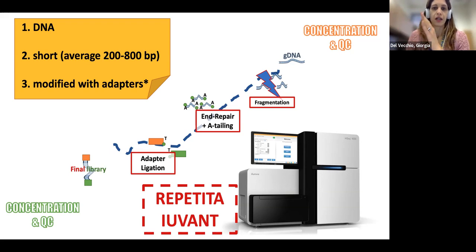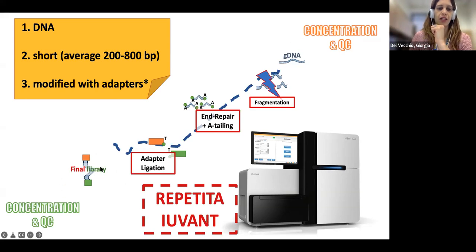So as we saw yesterday, this is the schematic representation of DNA library prep. So we have genomic DNA. So the main steps are fragmentation and repair and A-tailing, adapter ligation.